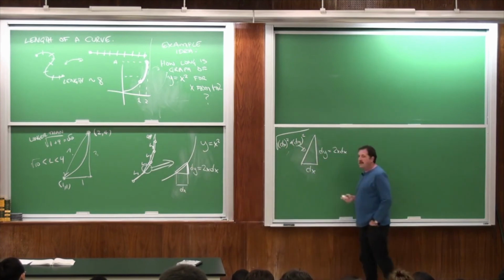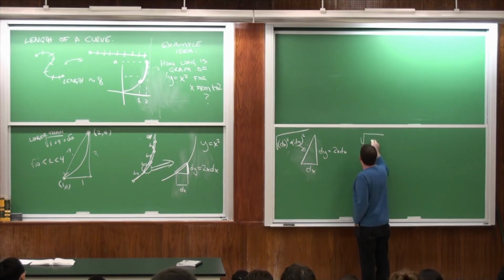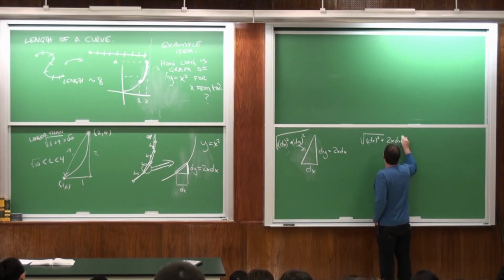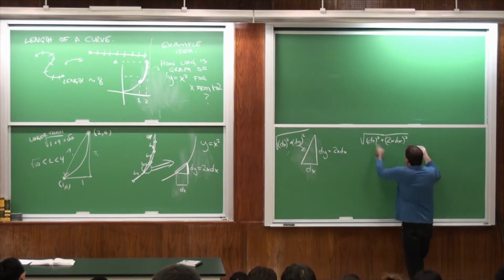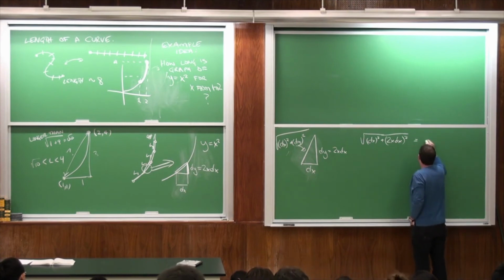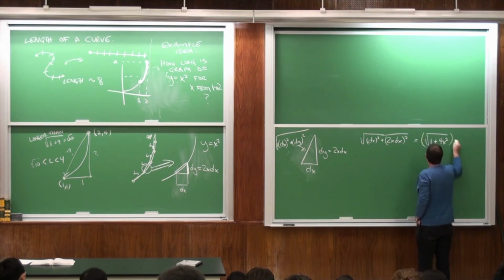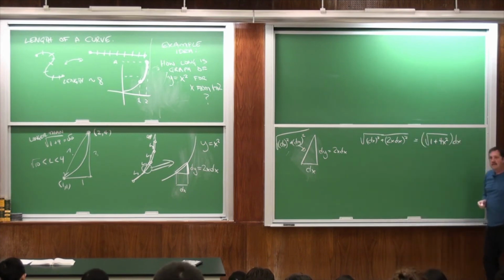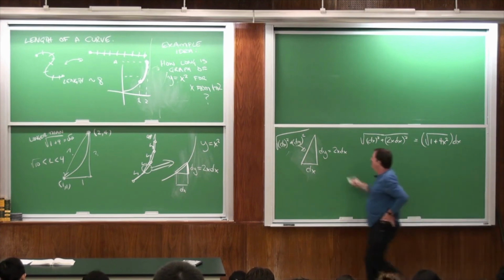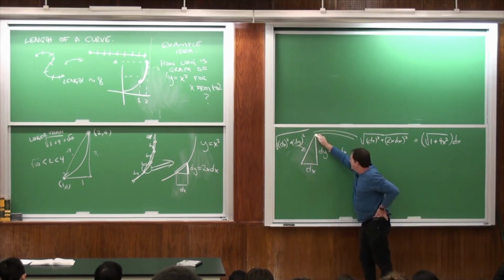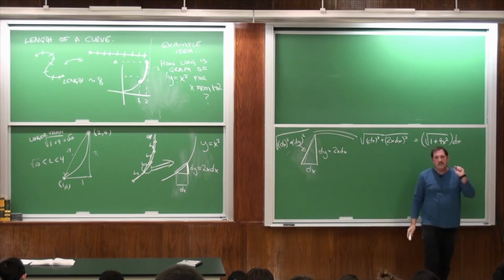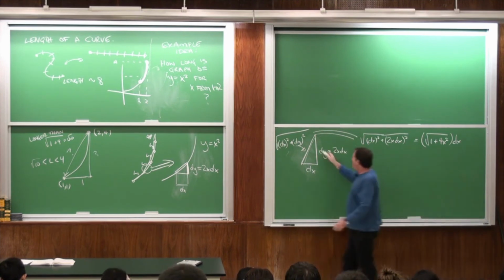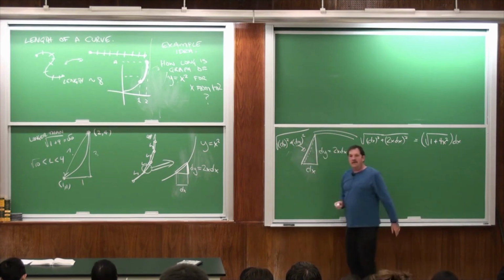Or, in this case where it's 2x dx, I can factor the dx squared out and get that. So that's the length of this. And if dx is really, really tiny, that's very close to the length of that little section of curve.